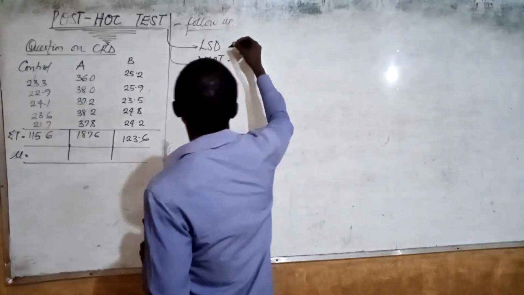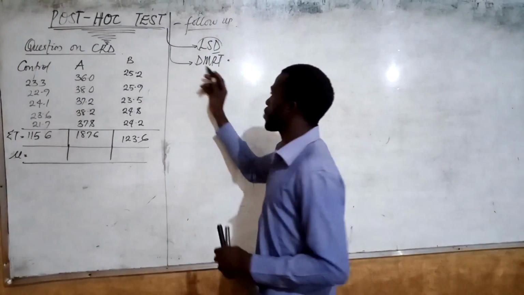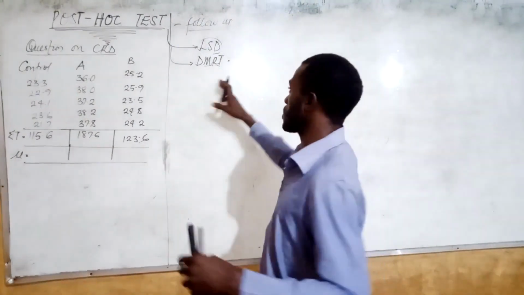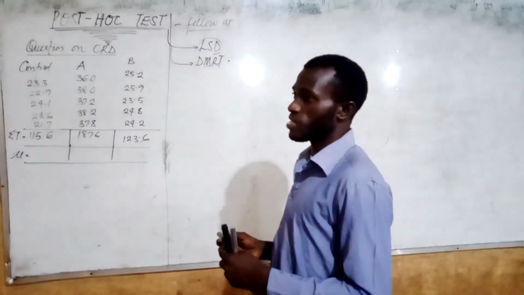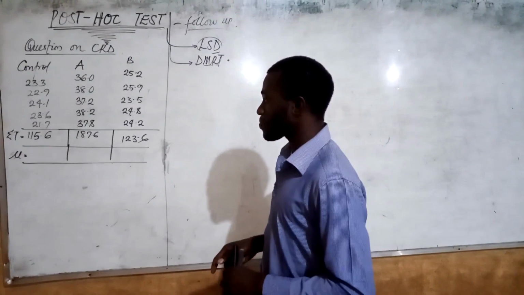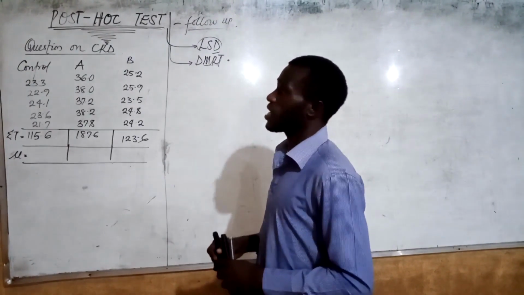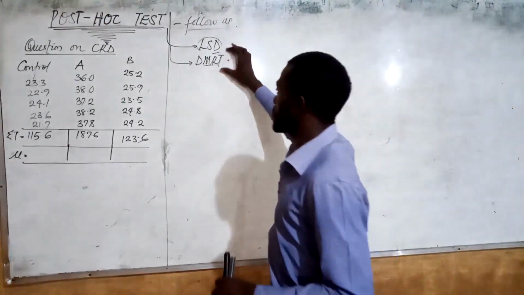LSD is usually used when the means are not that many. For example, here the means are not that many. But because LSD is quite easy to do, I've decided to start with the DMRT.